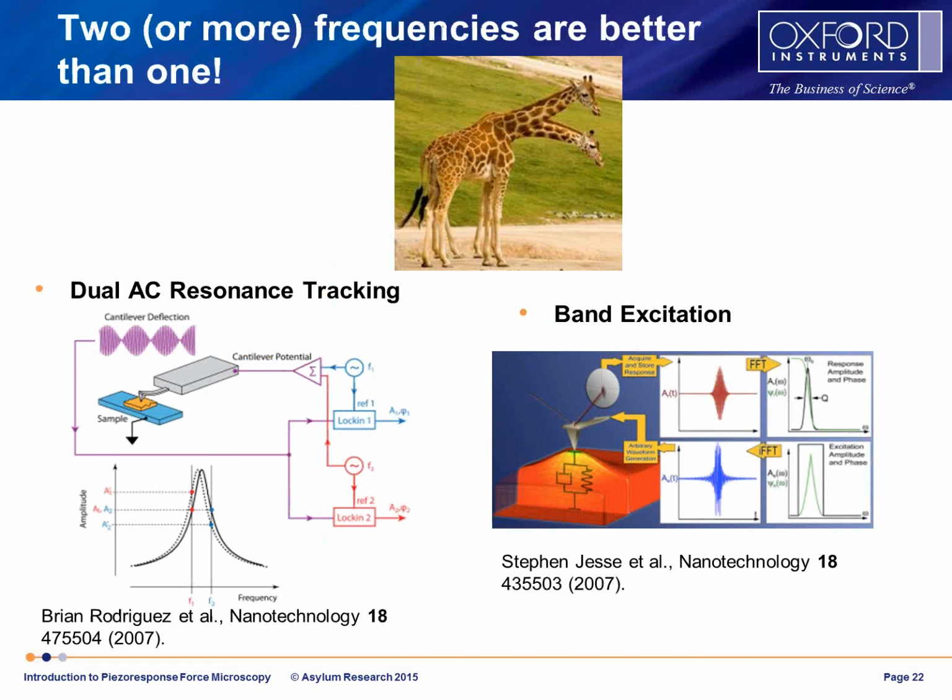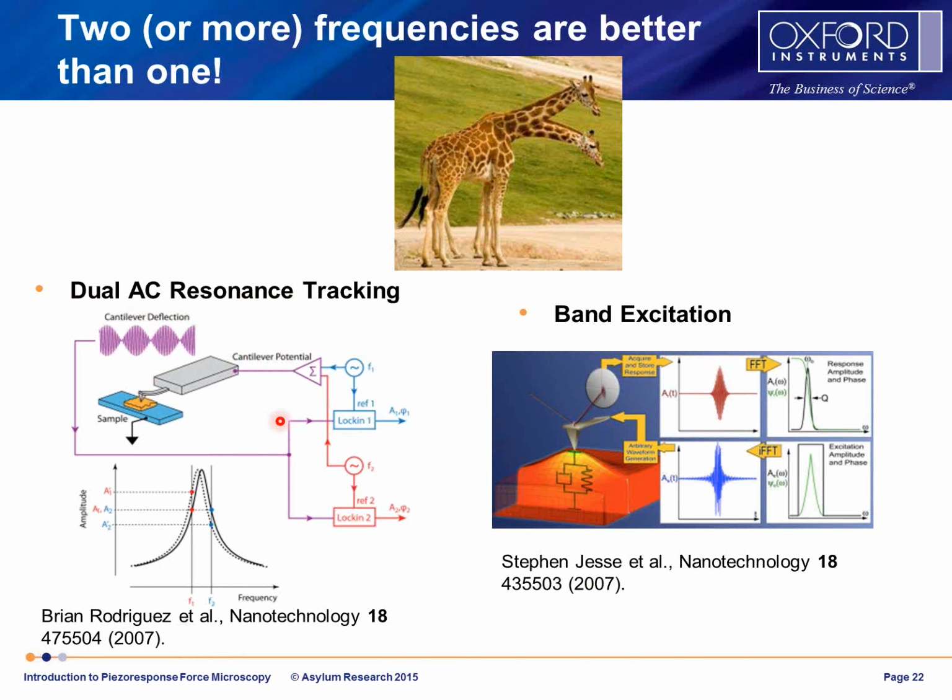And this is a nice segue into the final topics of this webinar, and that is multi-frequency techniques to take advantage of resonance while at the same time not suffering with so many of the disadvantages with respect to crosstalk. There are two papers I reference here that we published in 2007, one on this technique, dual AC resonance tracking, the other on band excitation.